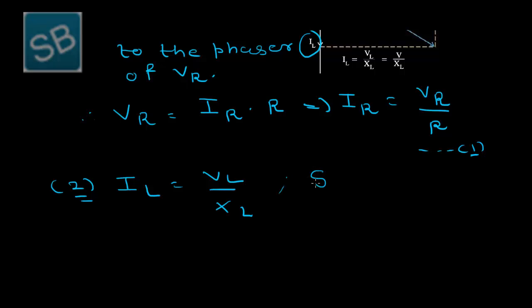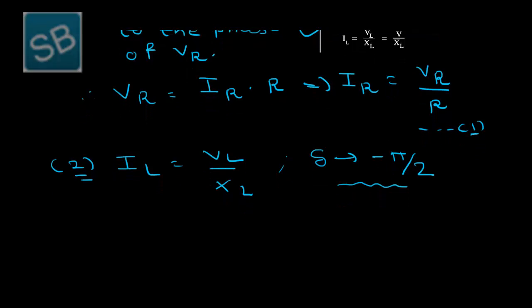And the phase difference between the phasor of IL and VL is pi by 2. But actually it is minus pi by 2, because the phasor IL is represented on the negative y-axis.